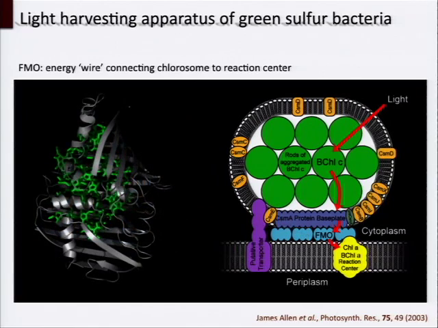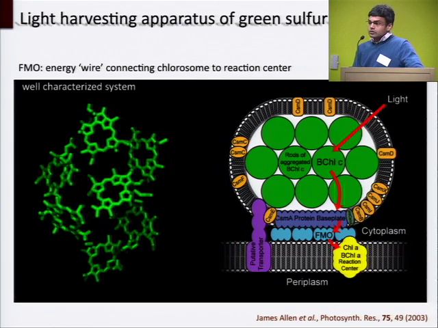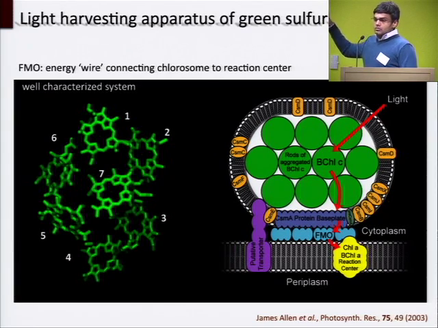If I just look at one of the monomers, this is its picture, and if I strip away the protein cage, all this gray matter around it, it's essentially just 7 chromophores, 7 chlorophyll molecules. There's a standard labeling 1 to 7, and the way I've drawn it here is what we believe it looks like in vivo. So this is the orientation.